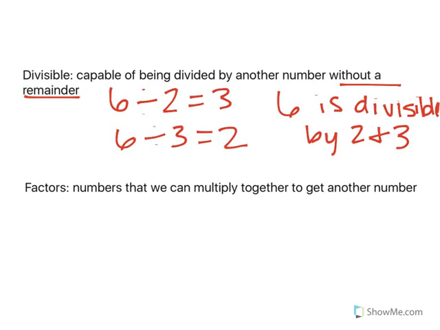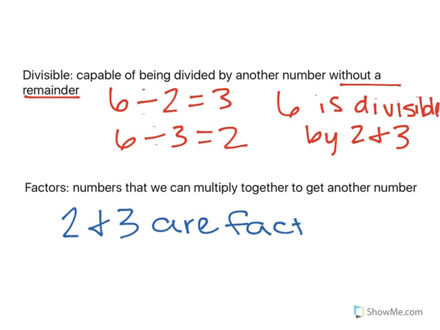Factors are the numbers that we can multiply together to get another number. So since 6 is divisible by 2 and 3, we know that 2 and 3 are factors of 6.